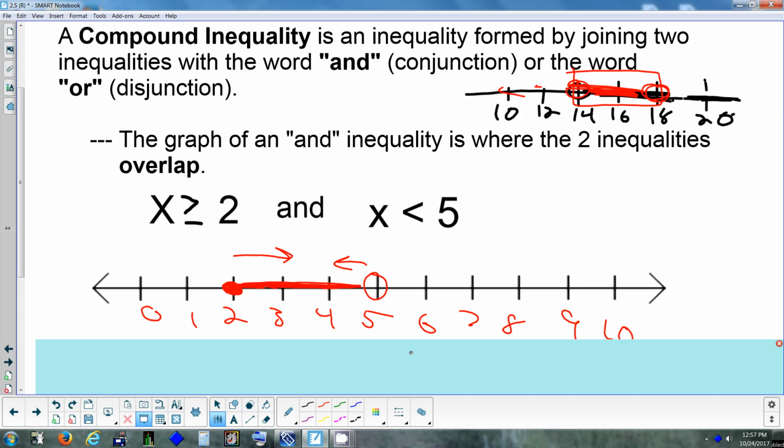So for these, you're going to follow the same exact rules as far as how we're graphing them. Still open circle, closed circle, look for where the arrow is pointing, go in that direction, all that stuff works.